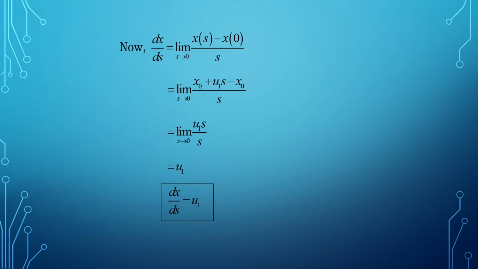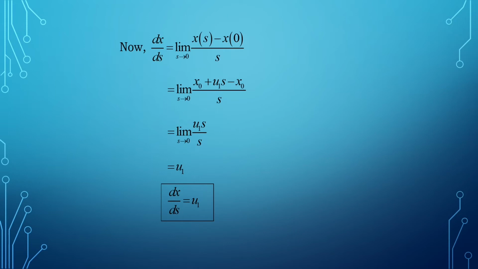I have already written the directional derivative df at u cap as a dot product of two vectors: i cap dou f by dou x plus j cap dou f by dou y plus k cap dou f by dou z, and i cap dx by ds plus j cap dy by ds plus k cap dz by ds.